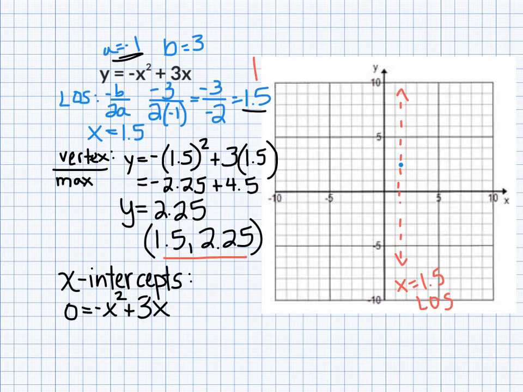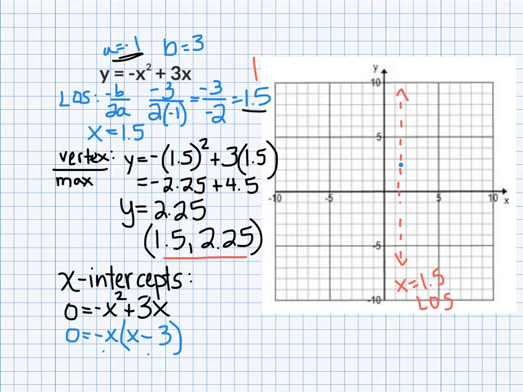Well, 0 equals, I'm going to take out negative x. So I'm left with x minus 3. Anytime there's a negative, you should take that out. Okay, you should factor out the negative.